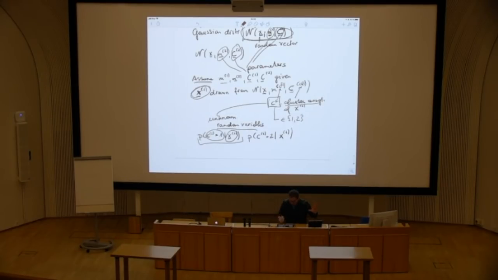Once you have a probabilistic model and you model every quantity as a random variable, some of the random variables you observe, like the feature vector, some of them you don't observe, like the cluster assignment, but which you're interested in. What you do in probabilistic machine learning relies on one quantity, which is this here.